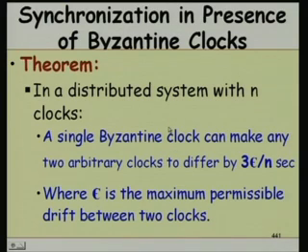What this theorem claims is that the effect of a single Byzantine clock would be to make two arbitrary clocks differ by at most 3 epsilon by n.